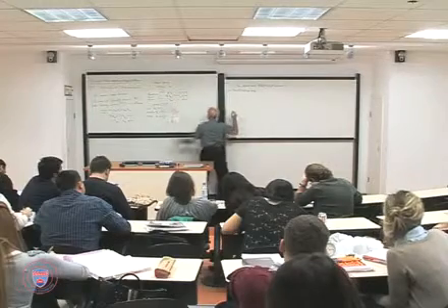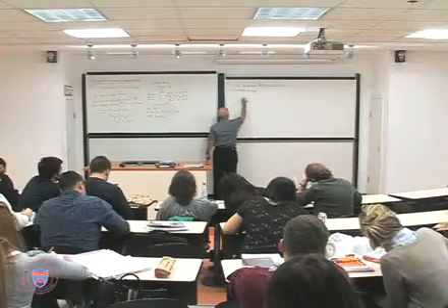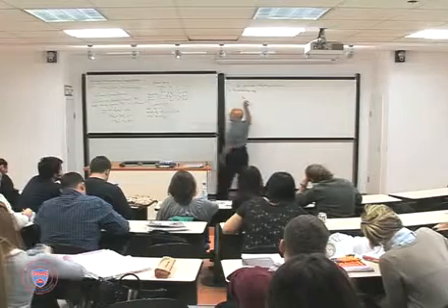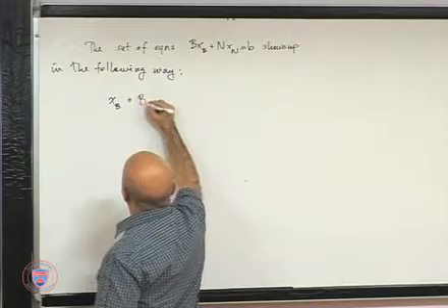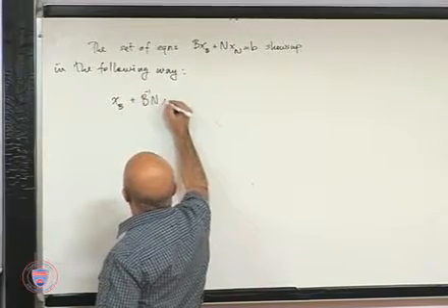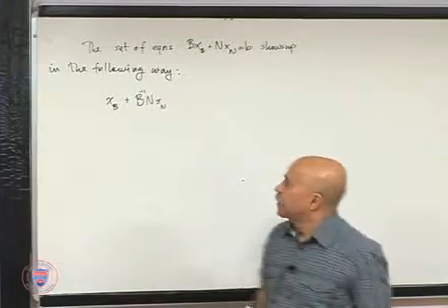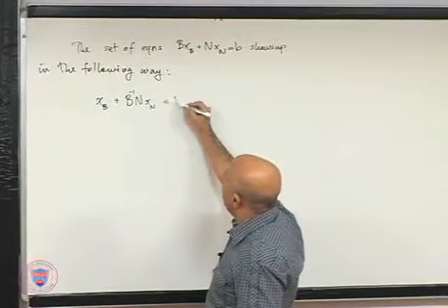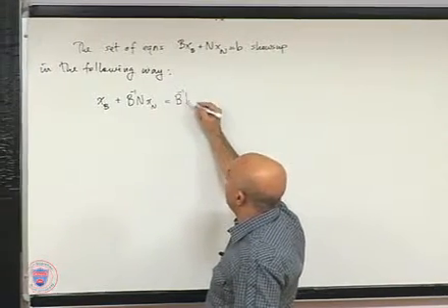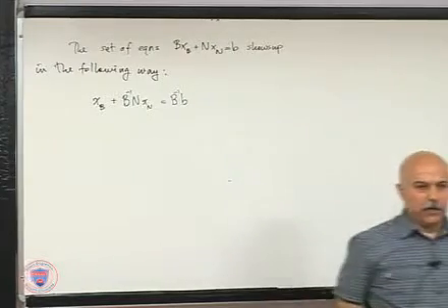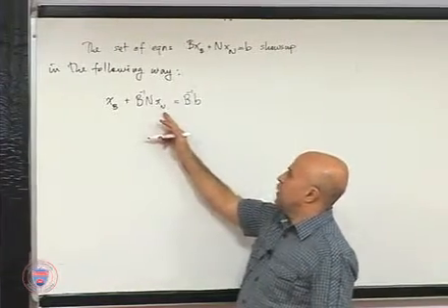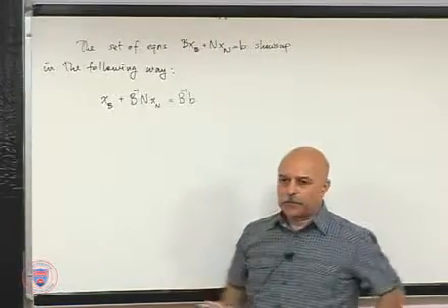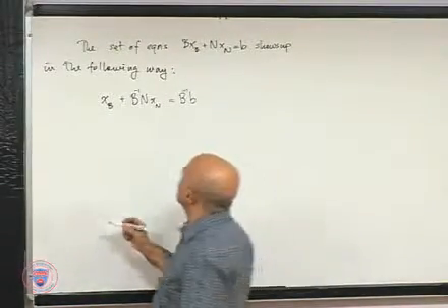Everything is pre-multiplied by B inverse, so you have XB, B inverse times B gives you identity, plus B inverse times N multiplying XN. And on the right side, of course, you again have pre-multiplication by B inverse, which is B inverse b, or b bar. Okay? And of course, that tells you that as soon as XN is taken to be 0, XB is equal to b bar. That's what it tells you.